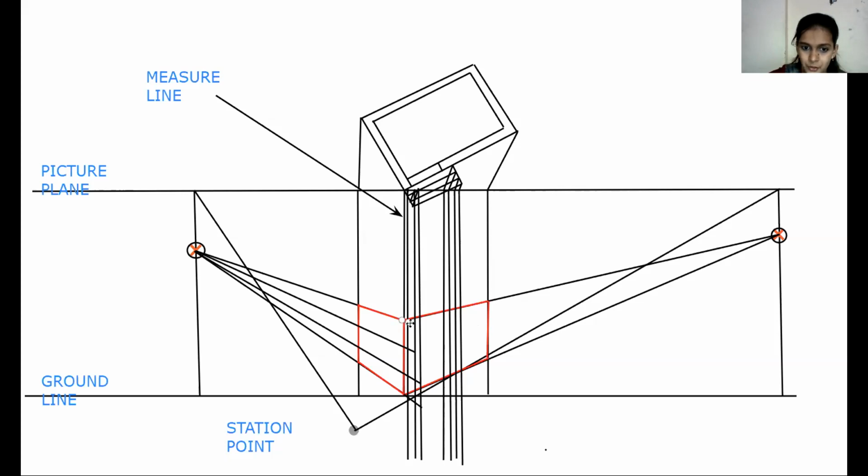Just connect thread, then a riser, again a thread, again a riser, again a thread, riser, and the bottom line, like this. I'm erasing those black lines.